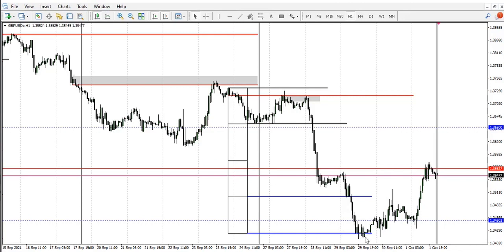For those levels, you might have to zoom out to a higher time frame, daily, weekly, monthly, whichever levels you're comfortable with. Identify where liquidity is likely being held and use that as your external range. And then from here to here, the levels inside would be where your internal range liquidity would be resting.